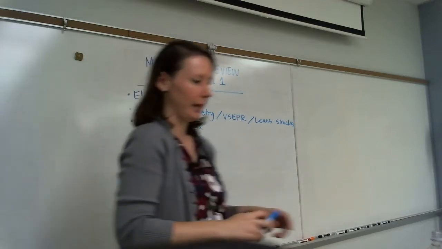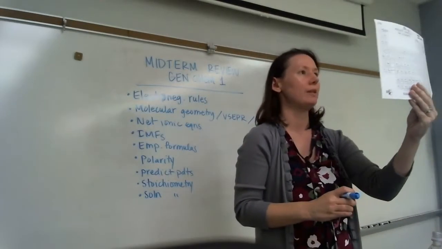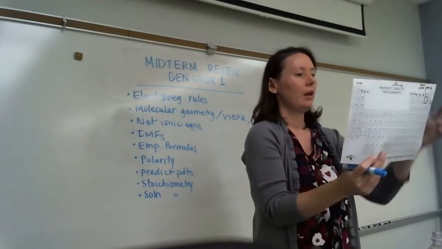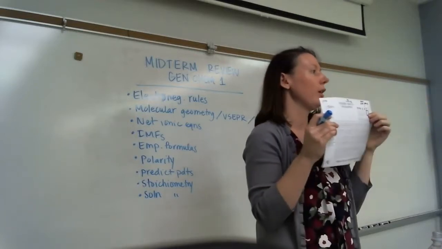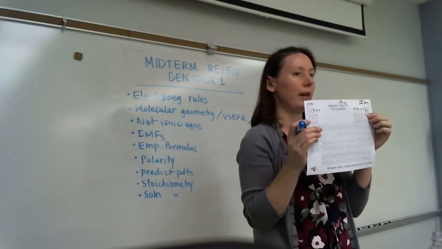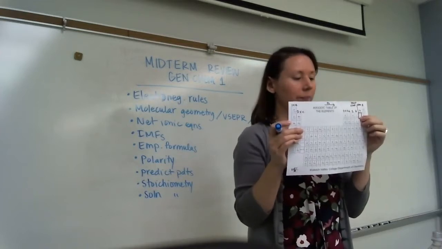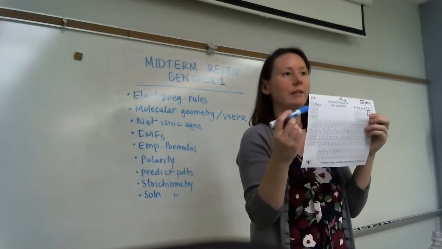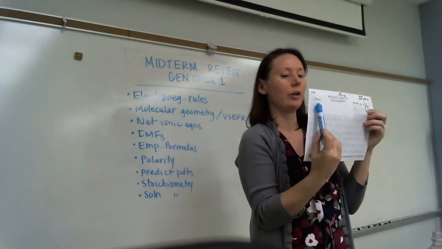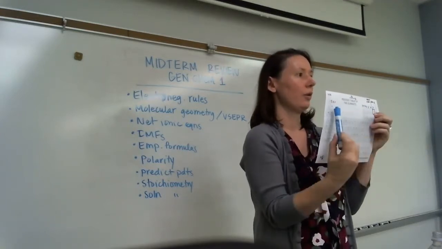On your periodic table, and mine's actually labeled because I went over this in my last class too. Your most electronegative element is fluorine. Most electronegative element is fluorine, so label that on your periodic table somewhere. Electronegativity increases going across a period.